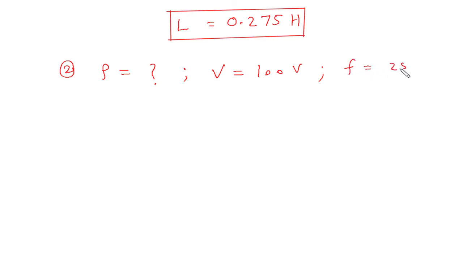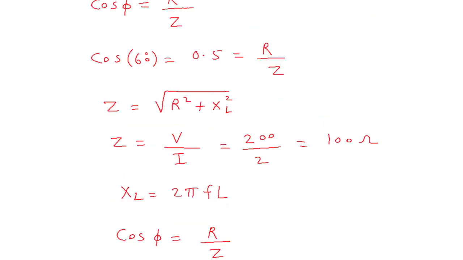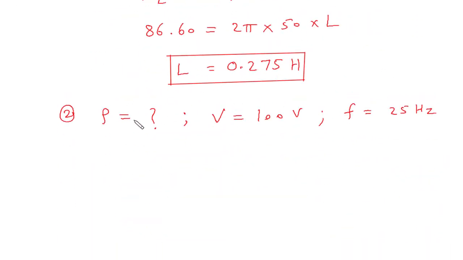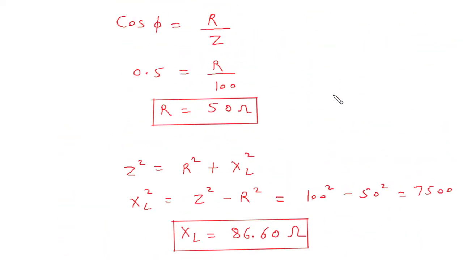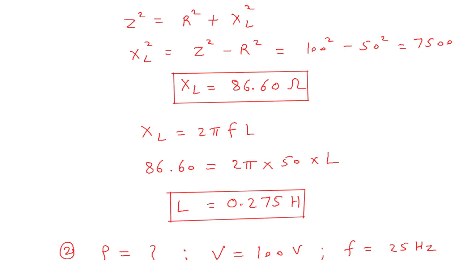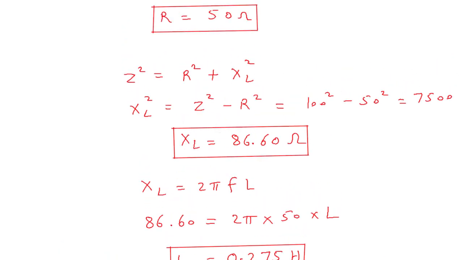F is equal to 25 Hertz. So here in the second part the value of resistance will be same. R is equal to 50 ohm. But this inductive reactance will change because the frequency is changed.